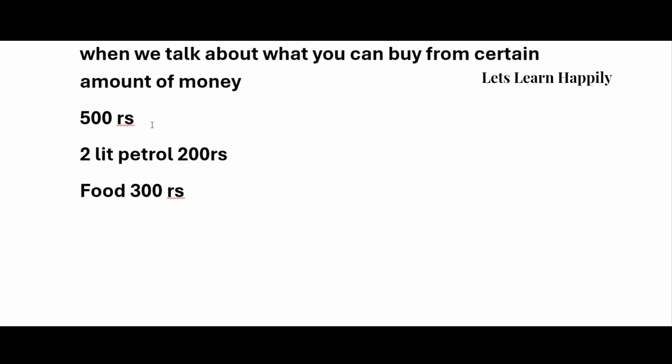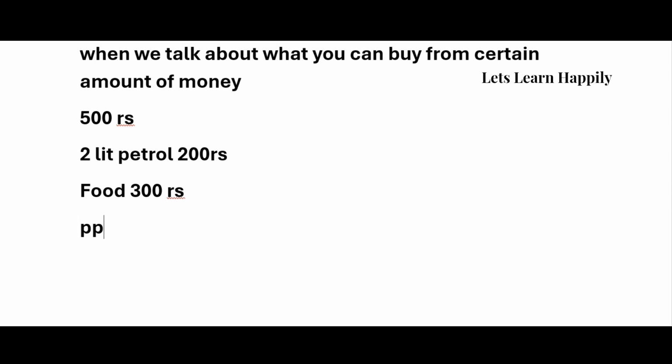This is the power of this 500 rupees. This transaction, buying petrol and buying food, was possible only because we have this money. When you don't have this amount of money, it is not possible to have petrol or food. You can use it for another transaction also. It depends on you. But to understand it better, let's take another example.